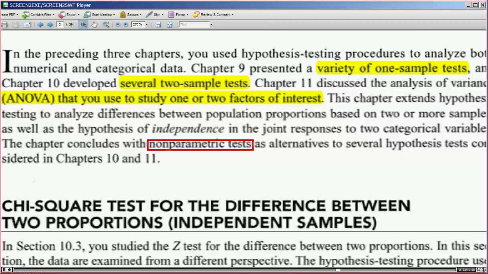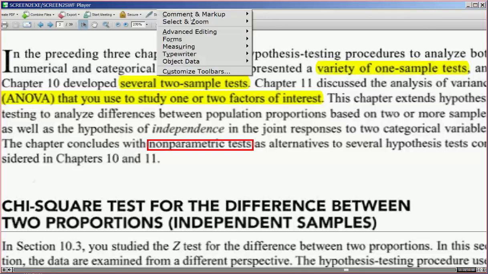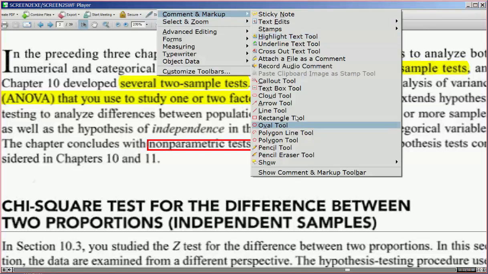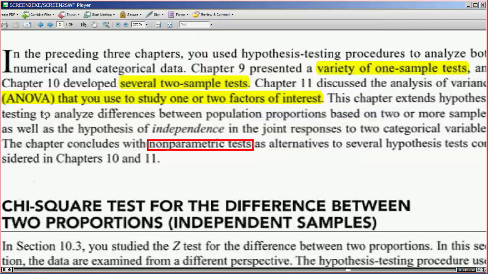Now, what the heck is this once again? This chapter extends hypothesis testing, so there will be hypotheses, the null hypothesis and the alternative hypothesis. This chapter extends hypothesis testing to analyze differences, important keyword. We'll be looking at differences again, just like with t-test, to analyze differences between population proportions based on two or more samples.